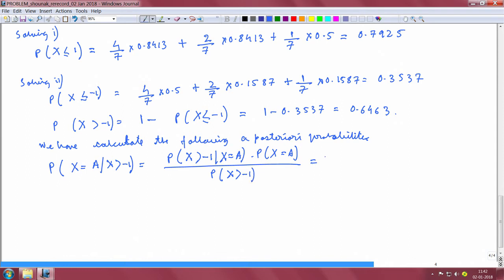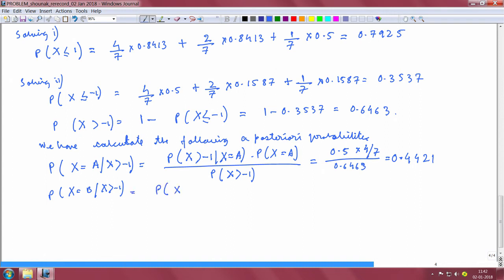This is equal to 0.5 into 4 by 7 by 0.6463, that comes out to 0.4421.